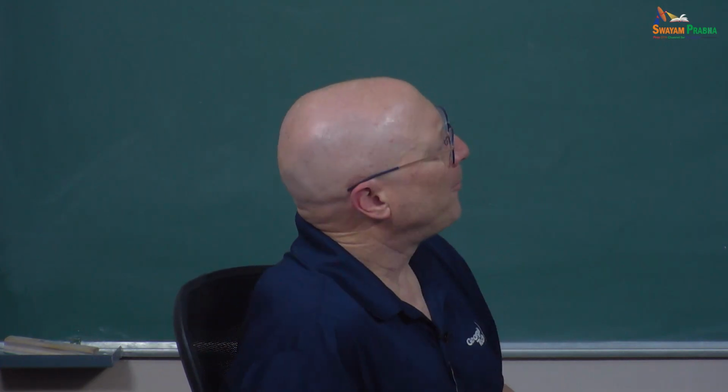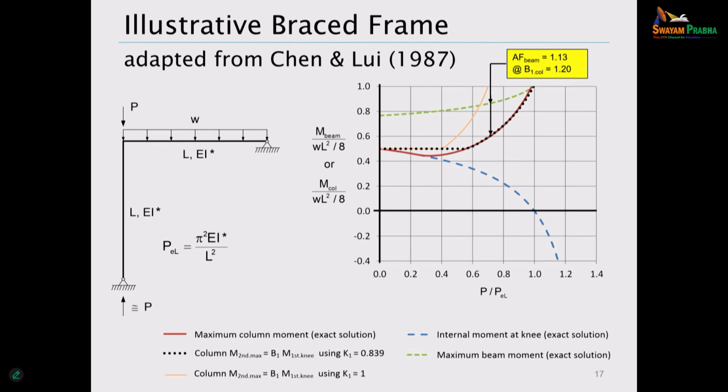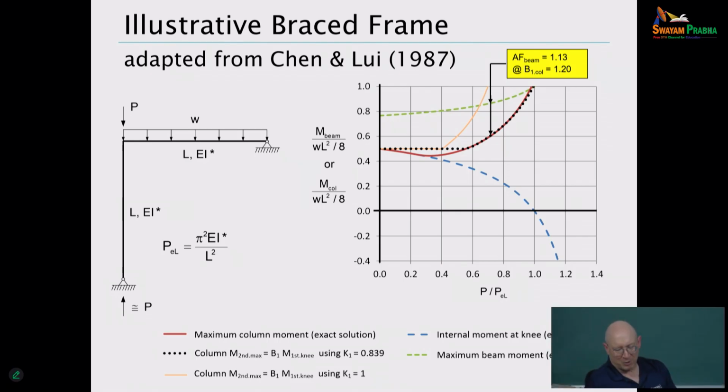So if we explore this in a little bit more depth, let's look at how this works in the form of a plot. There are several curves to understand here. Let's take them in progression with the key there at the bottom of the slide.